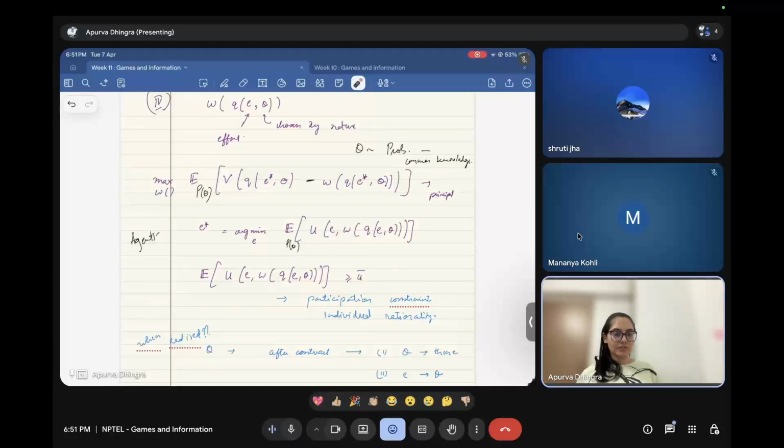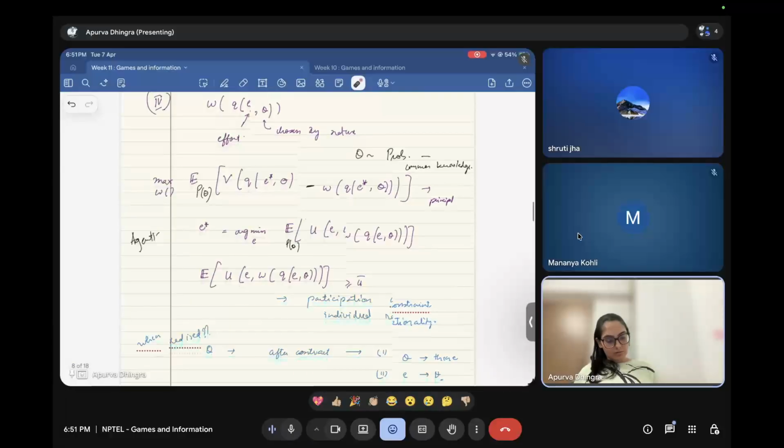Right now we're talking about only one agent, but they're rational enough in choosing to even become a part of the contract if this condition is satisfied. Once it is satisfied, what actual e to play is for them to decide by taking the argmax of this. They're still going for the bare minimum effort that they should put in, and once they've put in that bare minimum effort, the wage is decided by the principal in the process of trying to maximize this object. So they're all very interlinked objects.